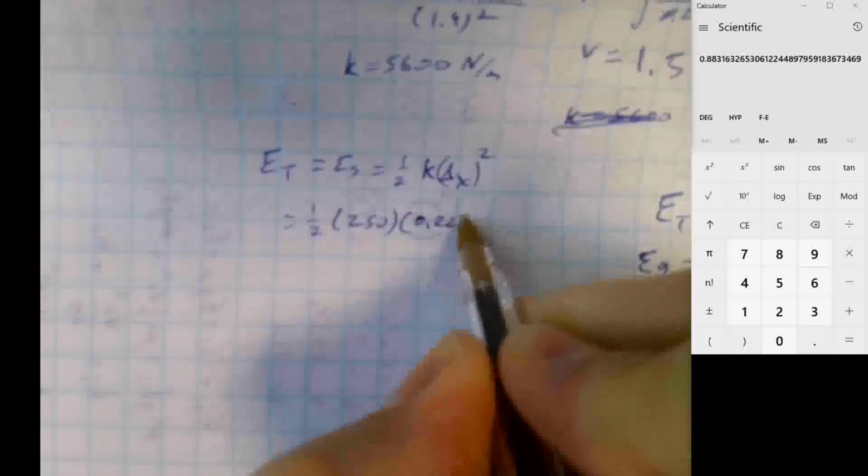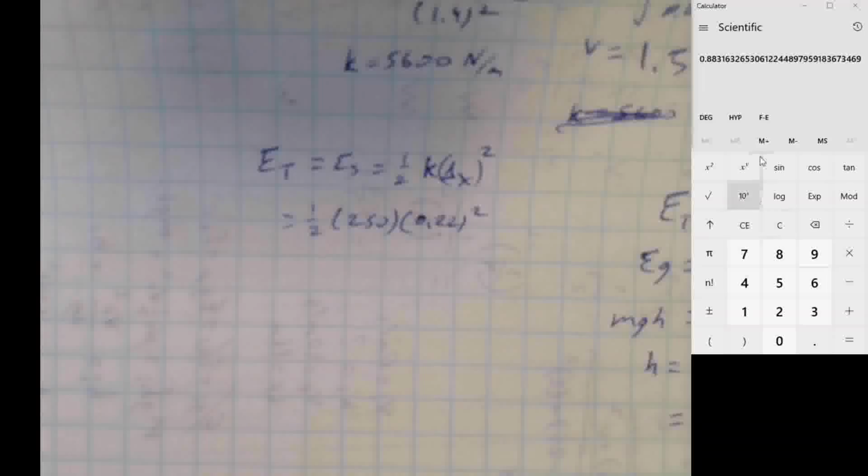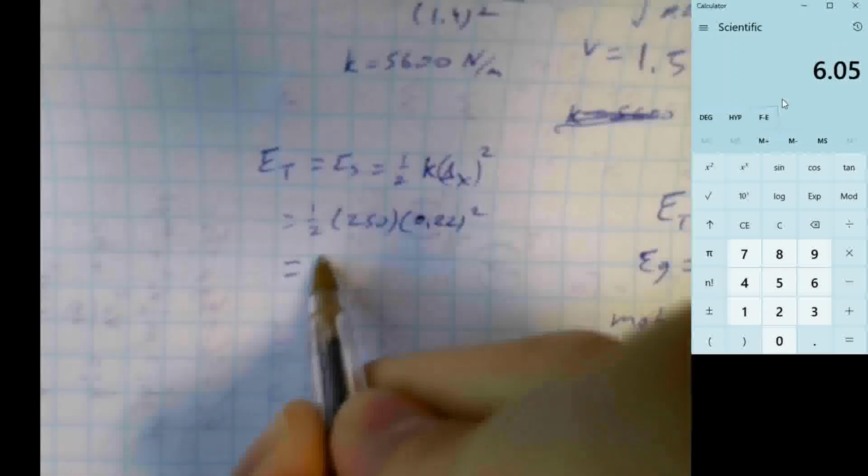So that is 1/2 of 250. Delta x was 22 centimeters, so 0.22 squared. So 250 times 0.22 times 0.22 is 12.1, times 1/2, sorry. I get 6.05 or 6.1 joules.